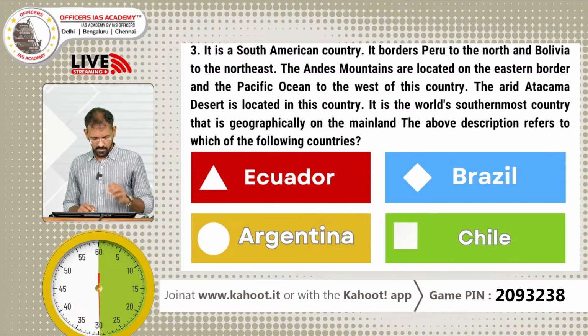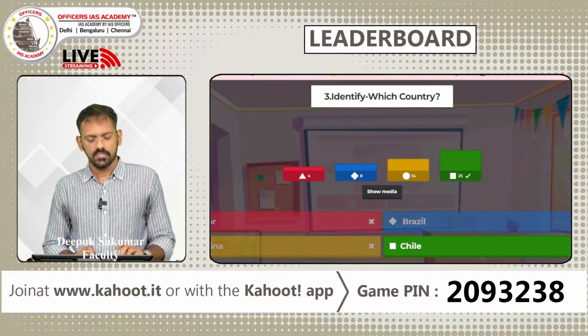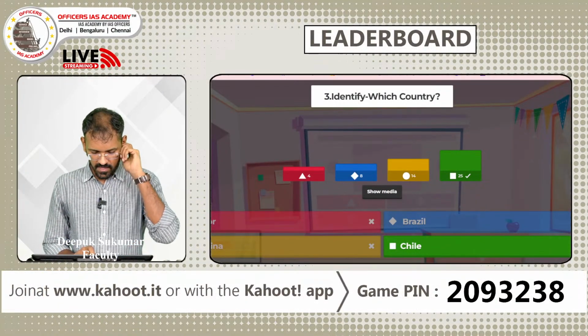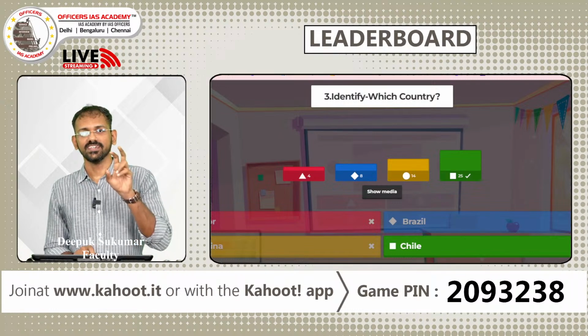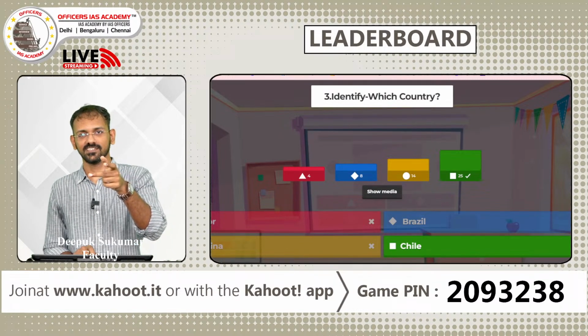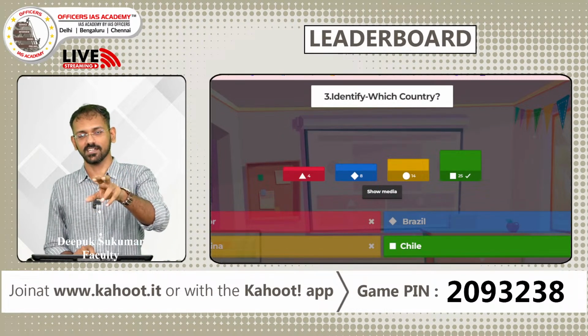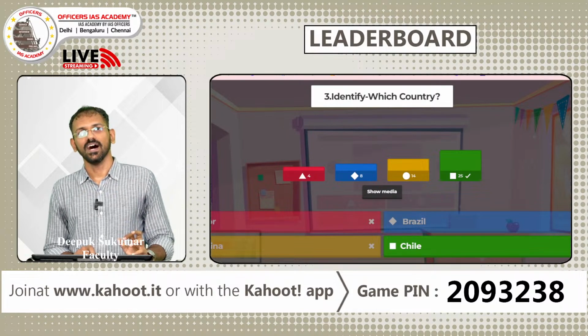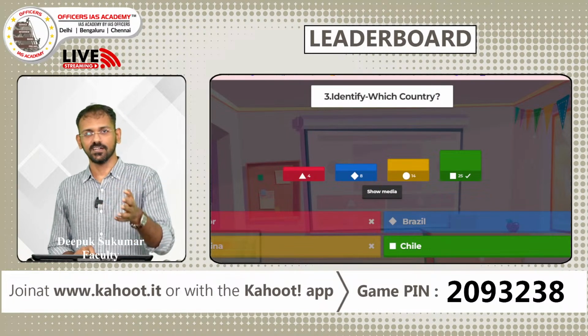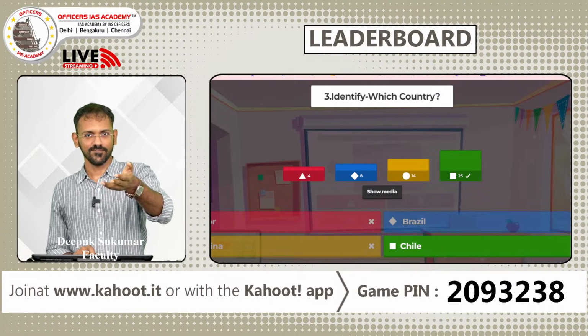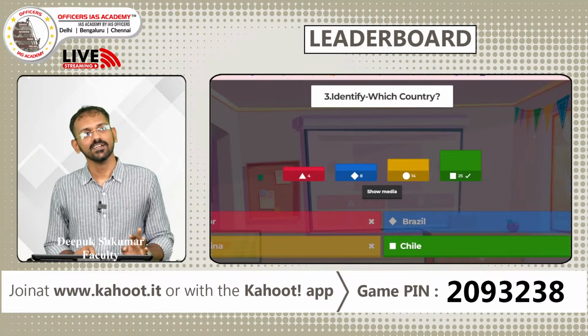Oh wow, again, the majority have gotten the answer right. With respect to this question, if only you know one piece of information, where the Atacama Desert is, in which country you have the Atacama Desert. I remember this from my school days. This used to be a part of the NCERT textbooks. I'm sure if you've studied in CBSE, you've also seen it.